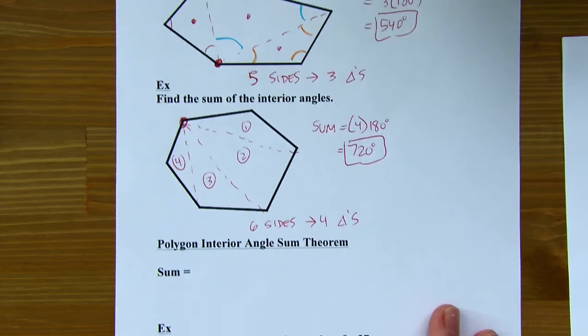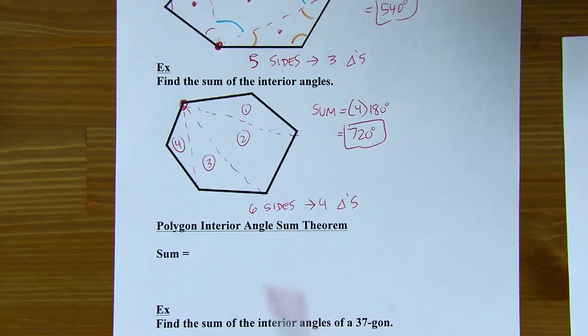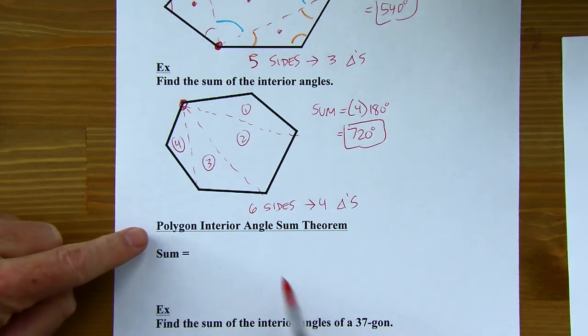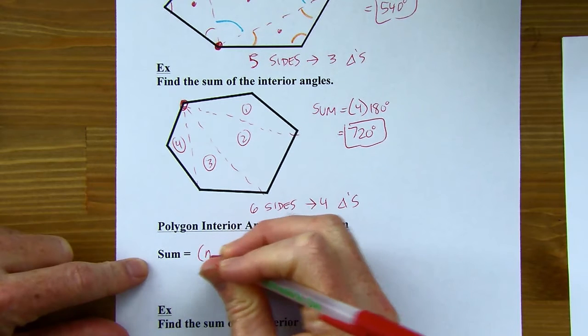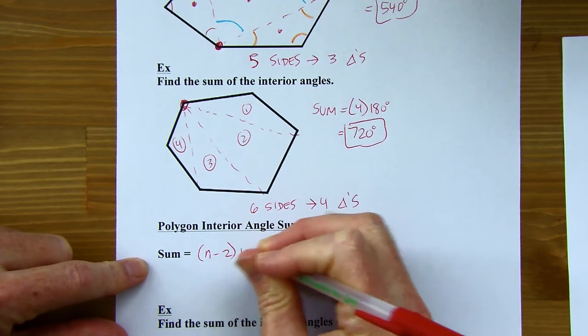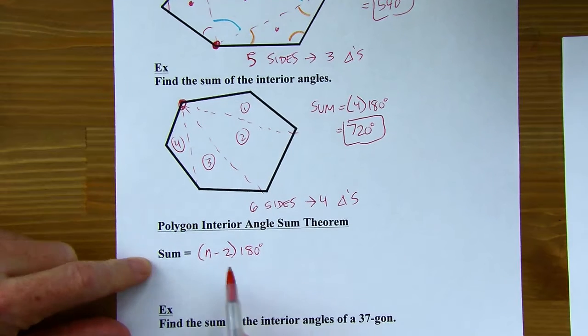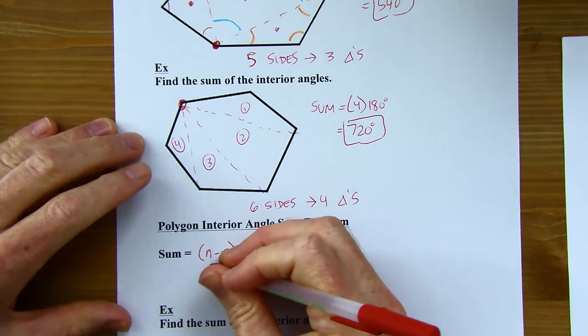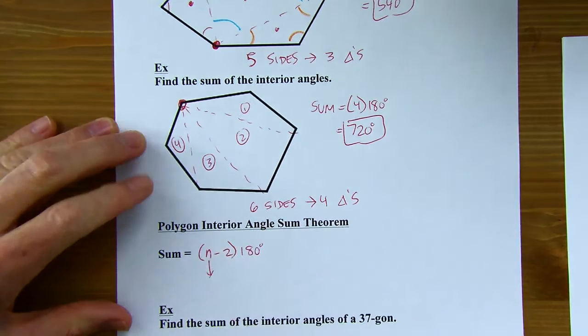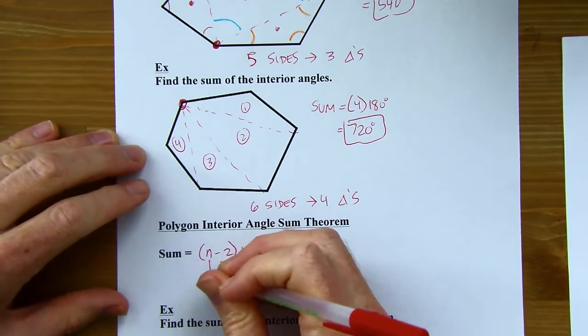And from that, we can construct a little formula. So the polygon interior angle sum theorem is going to look like this. Okay, n minus 2 is going to represent my number of triangles. That's if n is the number of sides.